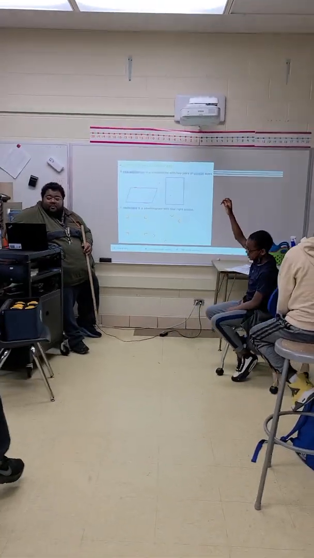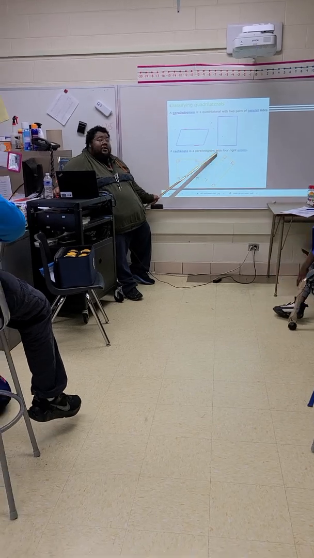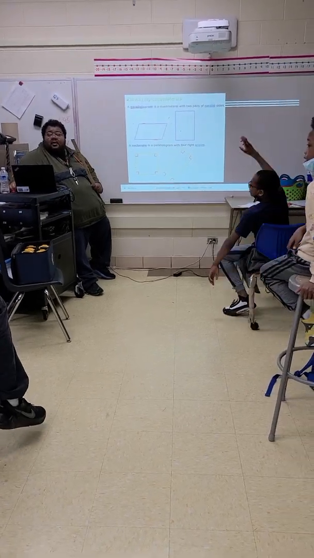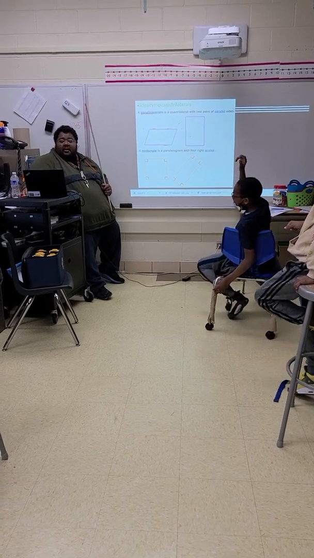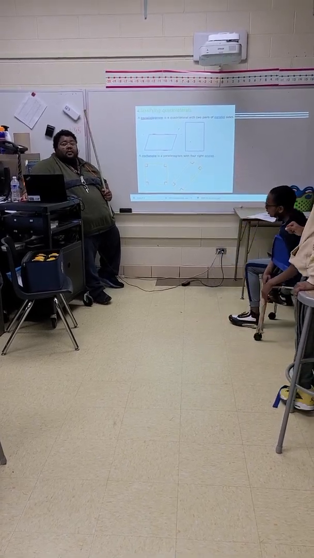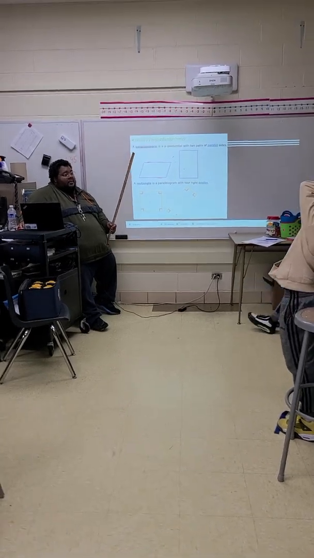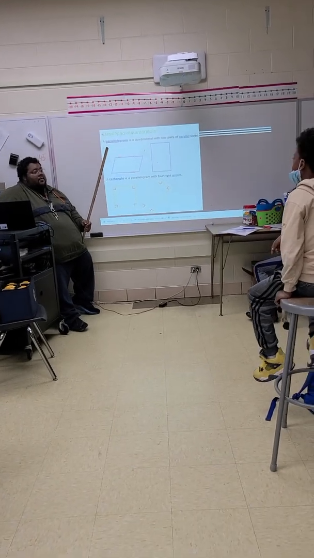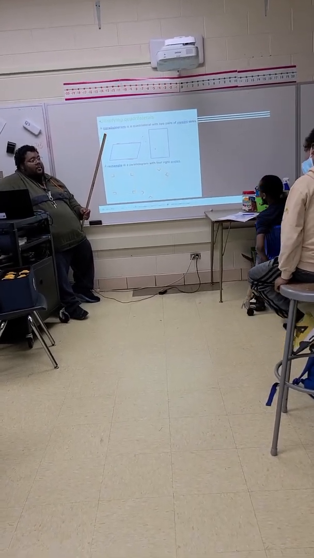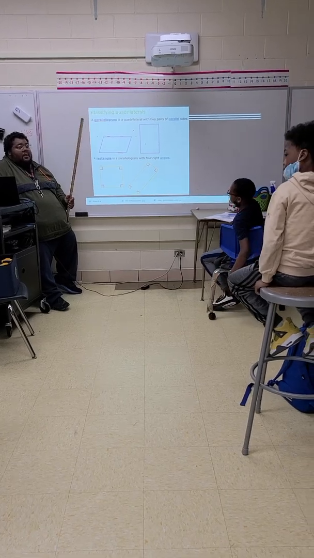Alright, let's go forward. Everybody else copy the definition down. Go ahead. Rectangles are in the family of squares, but they have different width and length, but they're in the same family as squares.